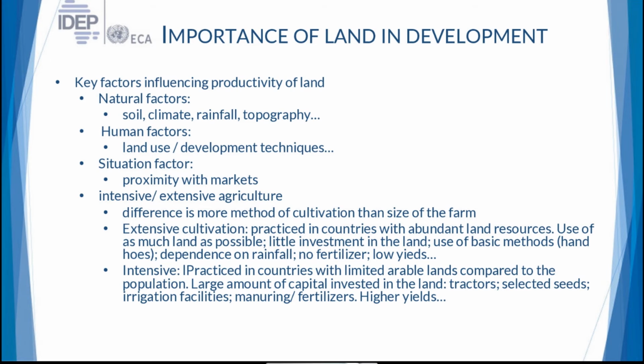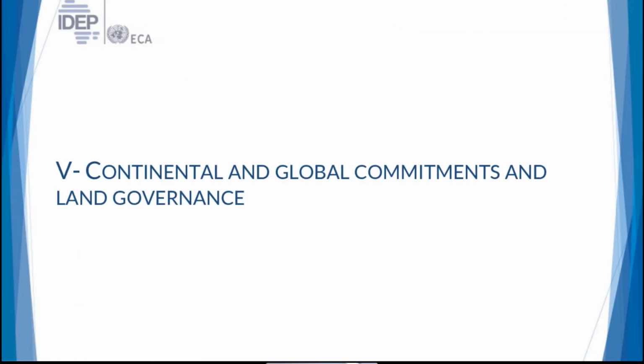It will use modern methods like using tractors. It will use selected seeds. It uses a lot of technology. It uses irrigation, and it results in higher yields. But once again, the most important factor is the human factor.